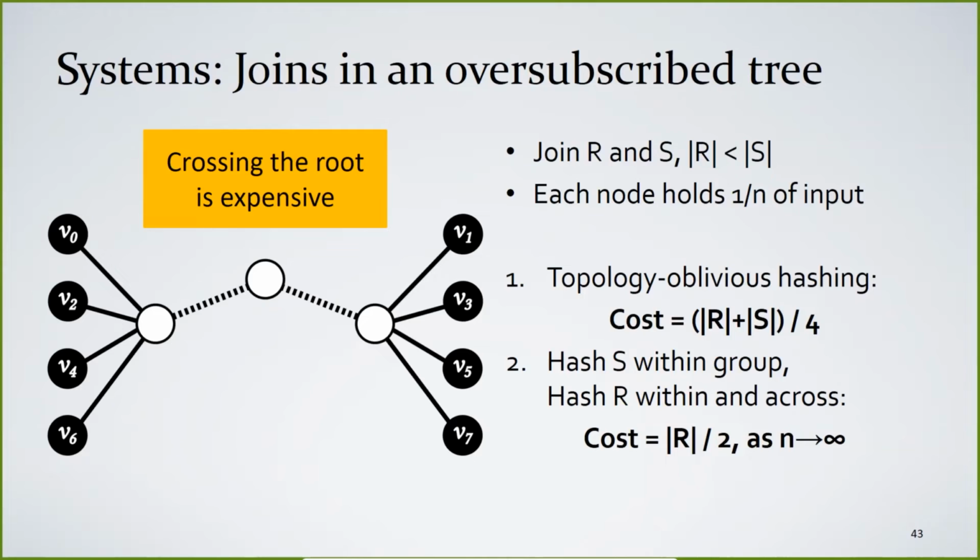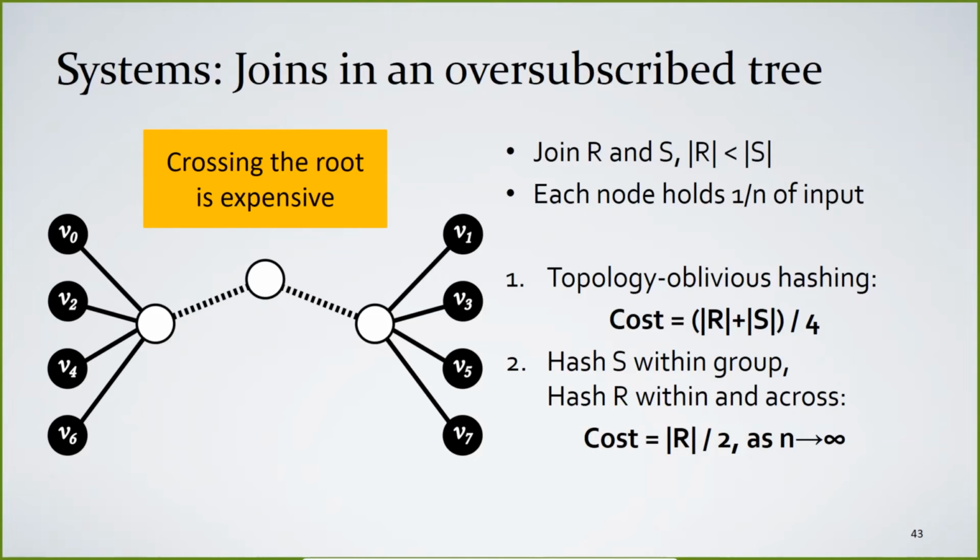How can I do better? Well, here's what I could do. I could keep S within the group. That is, I can avoid sending the large table over this slow network and instead take R and redistribute within and replicate across at the same time.